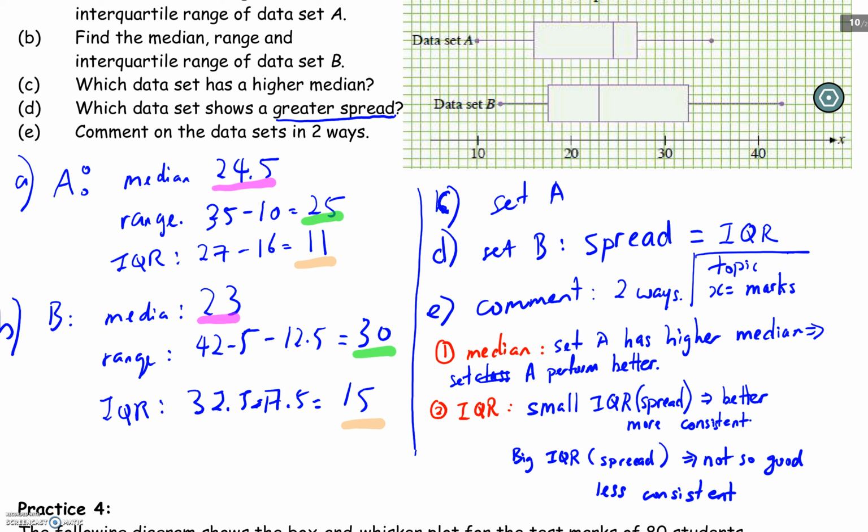But if you look at the median, median means I queue up. I queue up from lowest mark stand here, higher mark stand there. I count the center person. The center person here get 24.5. But the center person only get 23. What does it mean? That means on average, this person is getting 24, which is higher. You understand? Which means the whole class is better.